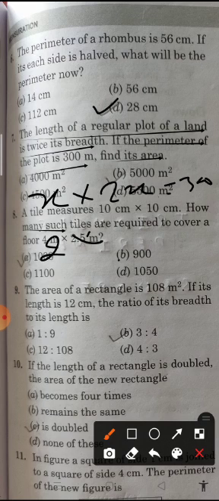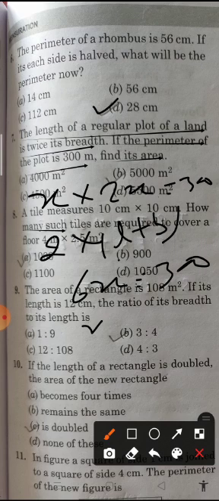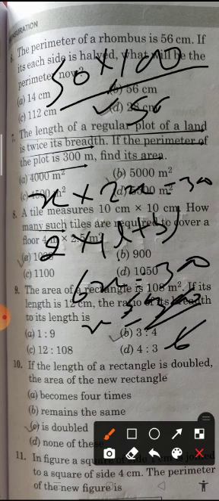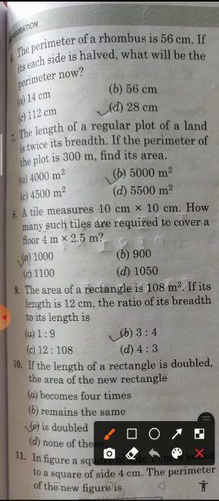So 2 multiplied by (L plus B): 2 times 3x is 6x, equal to 300. x is 300 upon 6, so 50. So breadth is 50, length is 100. So the area is 50 multiplied by 100, 5,000. So option B is correct, 5,000 meter square.